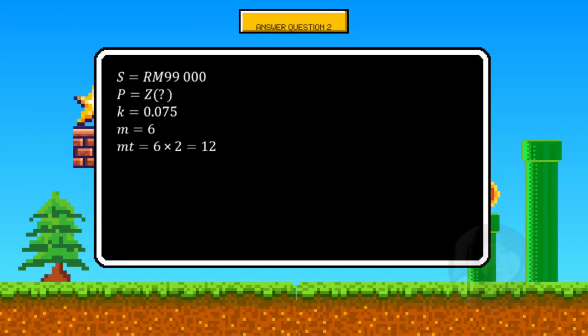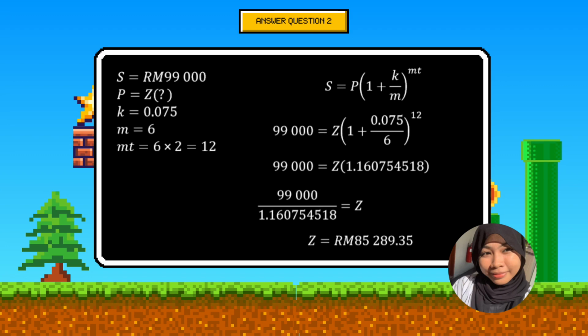So in this question, we have to use the formula S equal P in bracket 1 plus K per M, to the power of MT. So we have the future value, which is 99,000. The P is the one that we have to find, which is RMZ. And the K is the interest rate, which is 7.5%, but we change it to decimal point, which is 0.075.